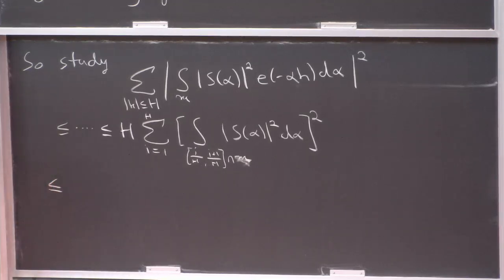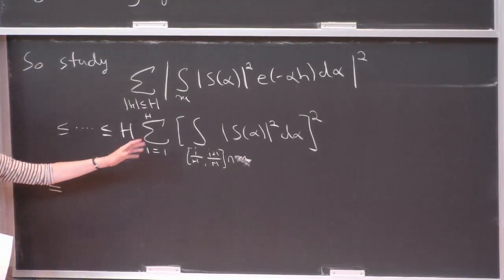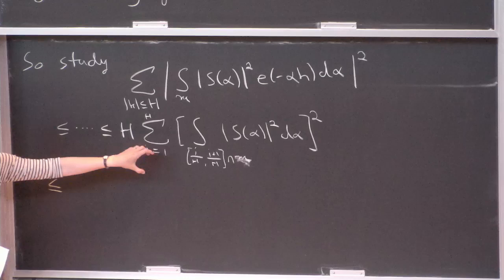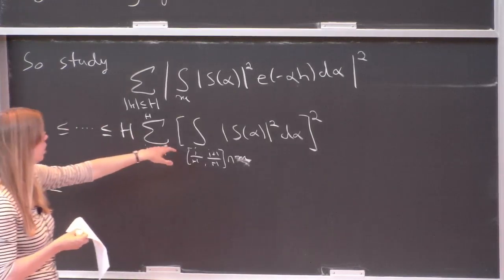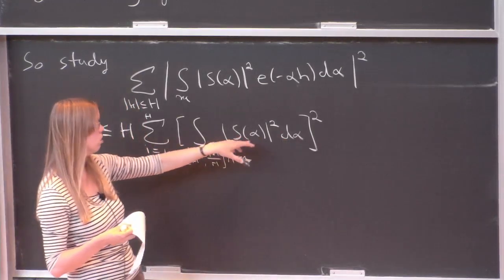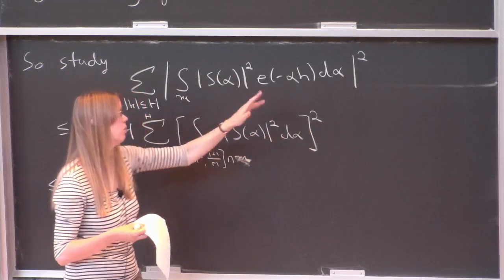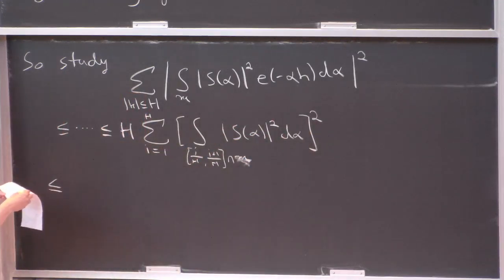And in order to do this, I do a thing that people often do with the circle method. I take a supremum of something, and then I want to apply Parseval or something like this for the rest. So what I do is I take a supremum of this integral out for part of this, and for the rest I keep the average.